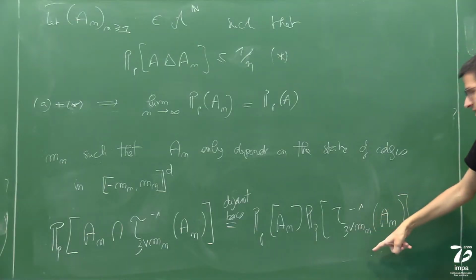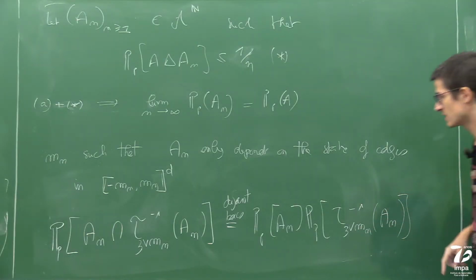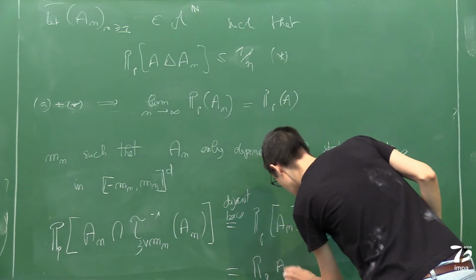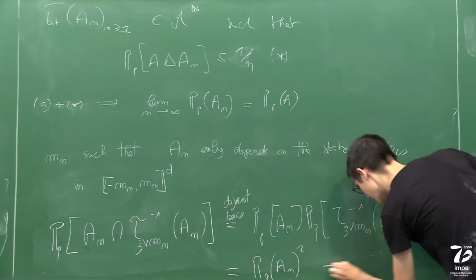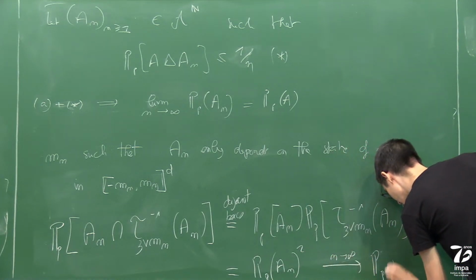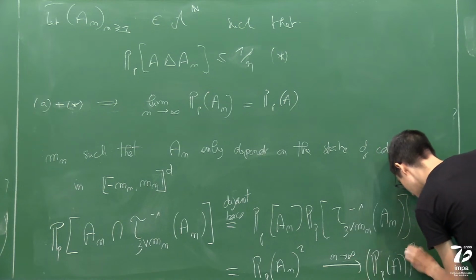Now I'm using translation invariance of the probability to say that this is equal to P_p(A_n) squared. So this converges when n goes to infinity to P_p(A) squared.